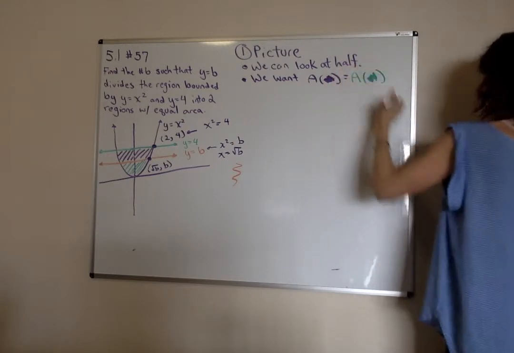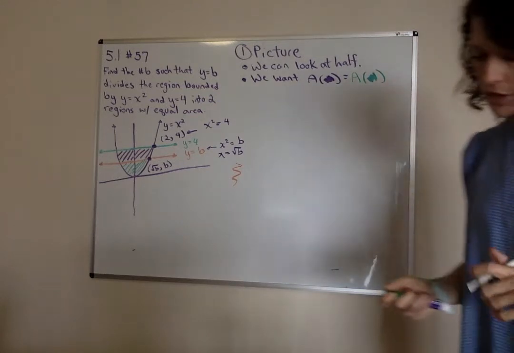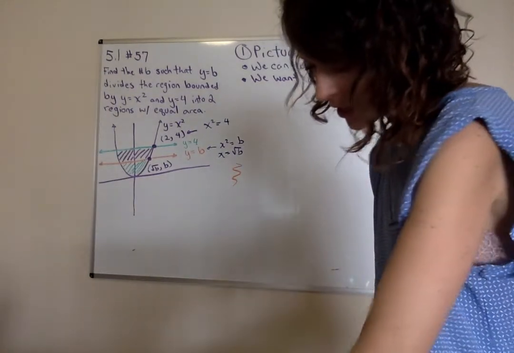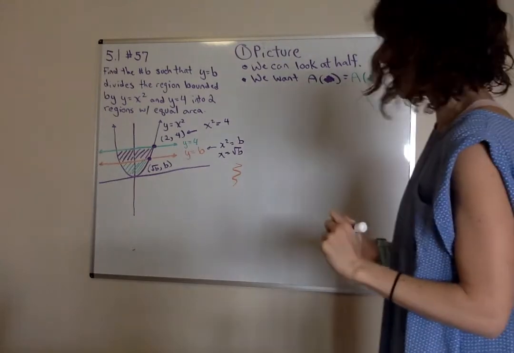So that's step one, is coming up with a good picture. Step 2 is going to be calculating those areas. So we're going to start by calculating the area of the purple.